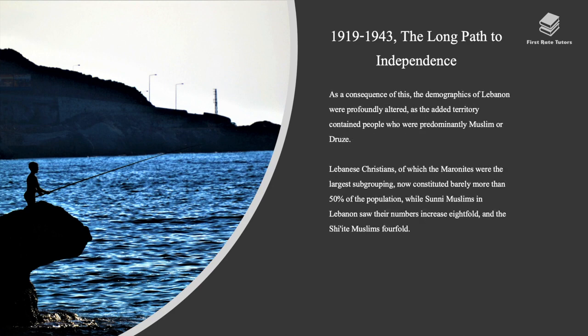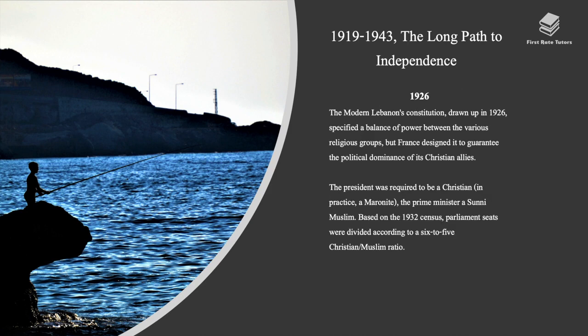As a consequence of this, the demographics of Lebanon were profoundly altered, as the added territory contained people who were predominantly Muslim or Druze. Lebanese Christians, of which the Maronites were the largest subgrouping, now constituted barely more than 50% of the population, while Sunni Muslims in Lebanon saw their numbers increase 8-fold and the Shiite Muslims 4-fold.